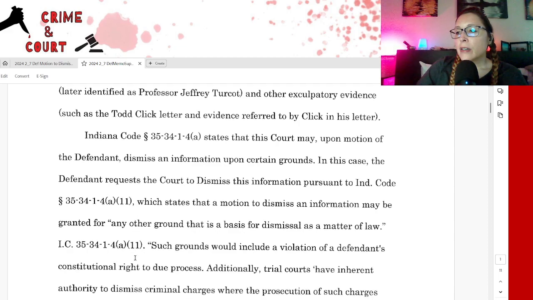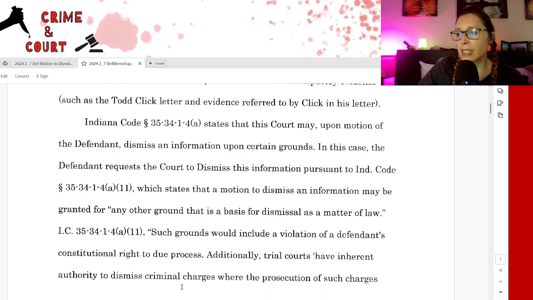All right, so Indiana Code 35-34-1-4(a) states that this court may, upon motion of the defendant, dismiss an information upon certain grounds. In this case, the defendant requests the court to dismiss this information pursuant to Indiana Code 35-34-1-4(a)(11), which states that a motion to dismiss an information may be granted for, quote, any other ground that is a basis for dismissal as a matter of law, end quote. Also, such grounds would include a violation of a defendant's constitutional right to due process.